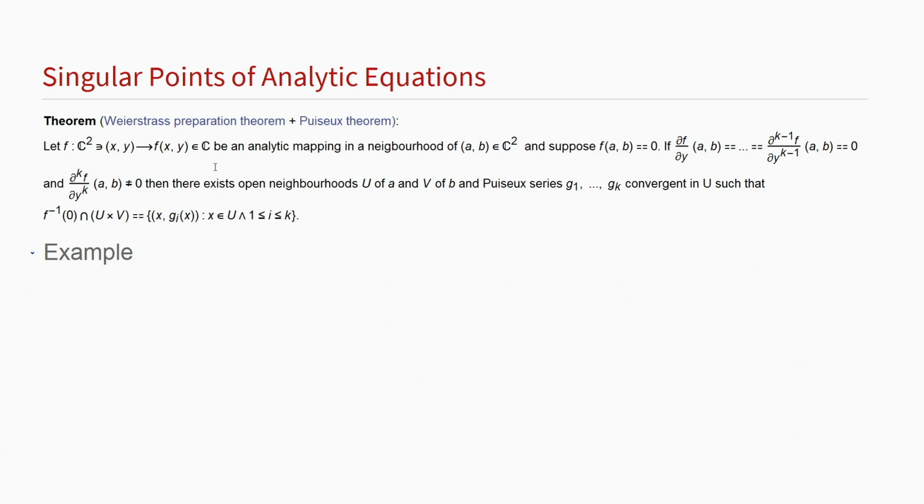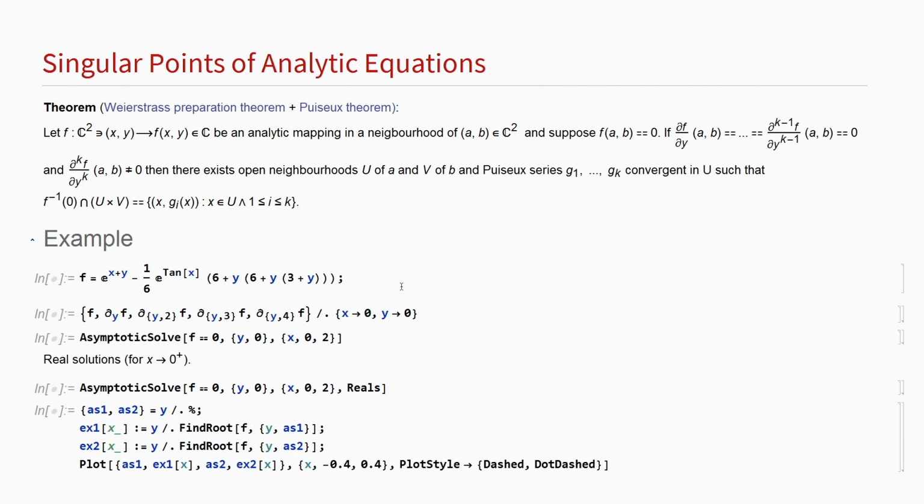If we have an analytic mapping from C^2 to C, the function is 0 at (a, b), and the first k minus 1 derivatives are 0, and the kth derivative is not 0, then locally there are k solutions, and the solutions can be represented as Puiseux series, so series with fractional exponents.